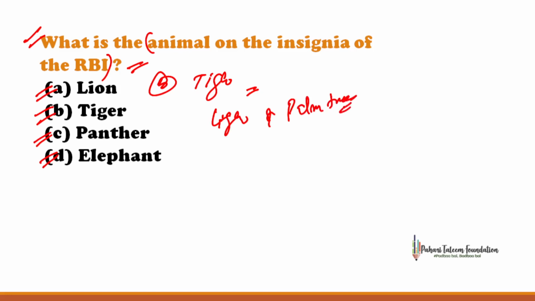Initially, the insignia of the RBI consisted of a lion and a palm tree, but later it was decided to replace the lion with the tiger, because the tiger is the national animal of India.